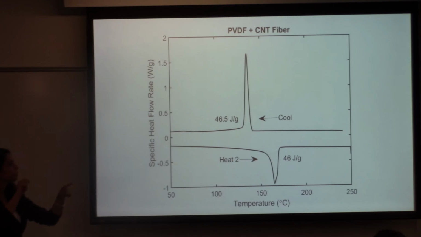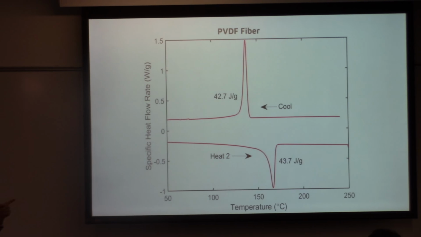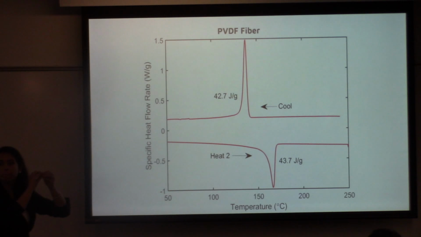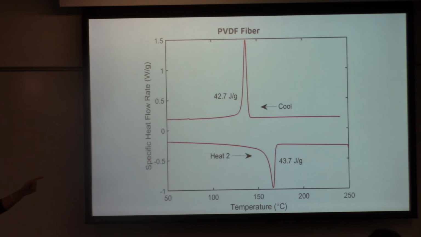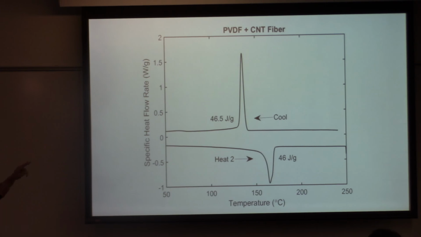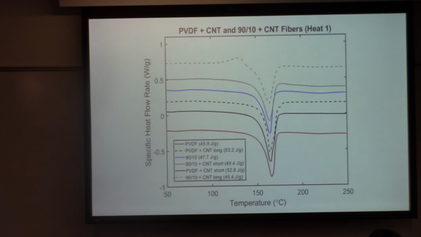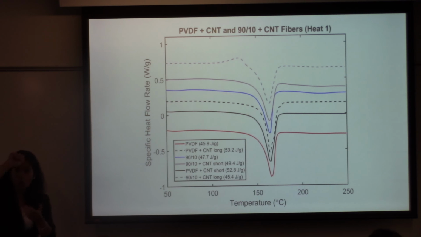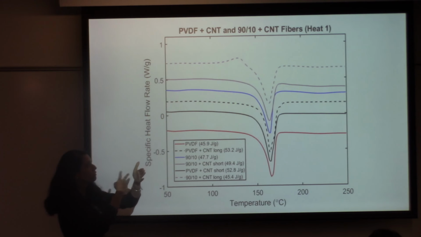Here's another result, PVDF with carbon nanotubes. If you see here, the area of the peak increases with the CNT. You can see that it's a little subtle in the 2 graphs, but it is there. So this is looking at heat 1 only, with all of the samples.